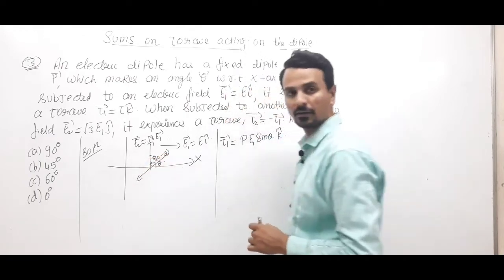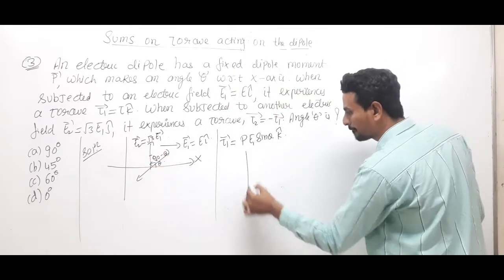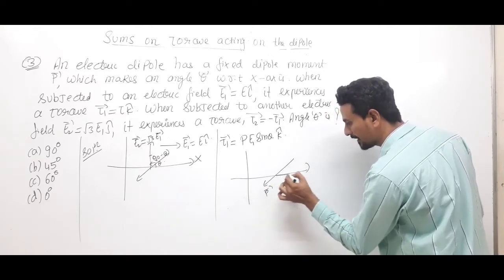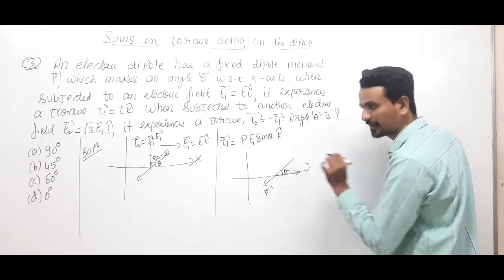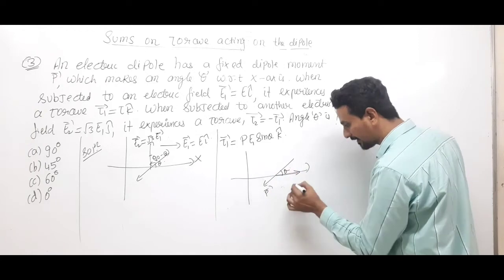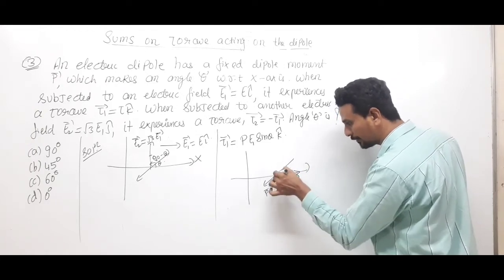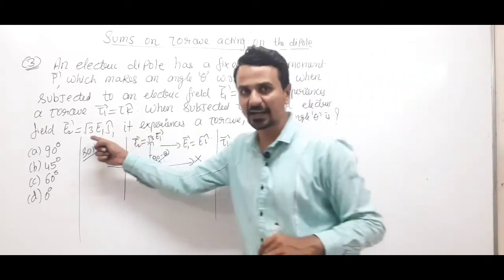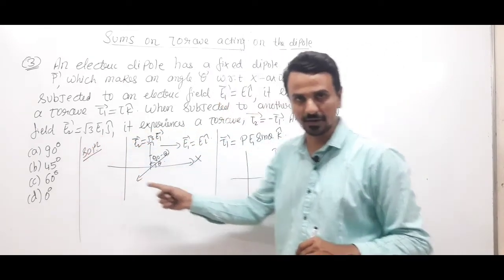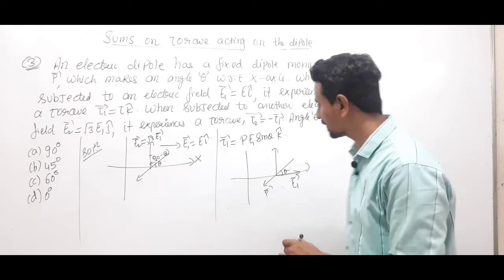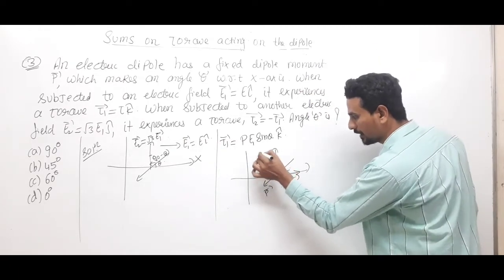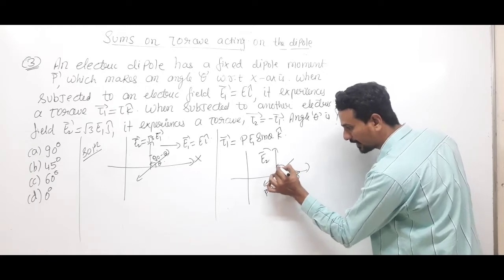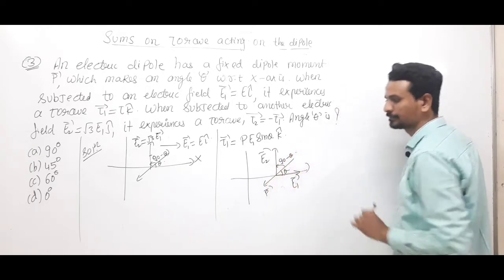right? See, once again I'll explain to you. This is your dipole P. The first electric field E1 is along this direction, so this will be your angle theta, and another electric field E2 is in this direction. This is what the question says. Another electric field E2 equals root 3 times E1 and that is along the j direction. So E2 is in this direction, E1 was in this direction, so this angle is theta and this angle will be 90 minus theta, right?